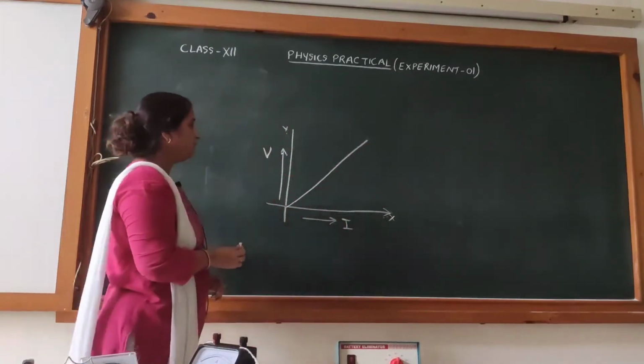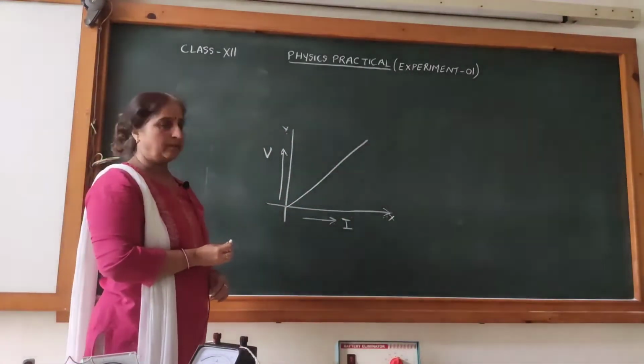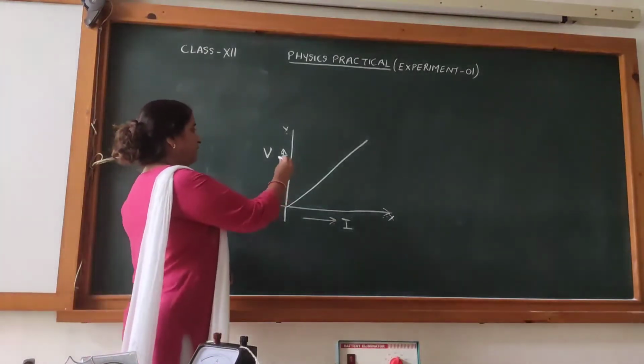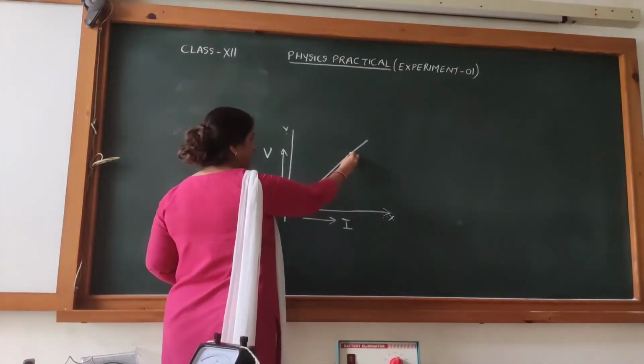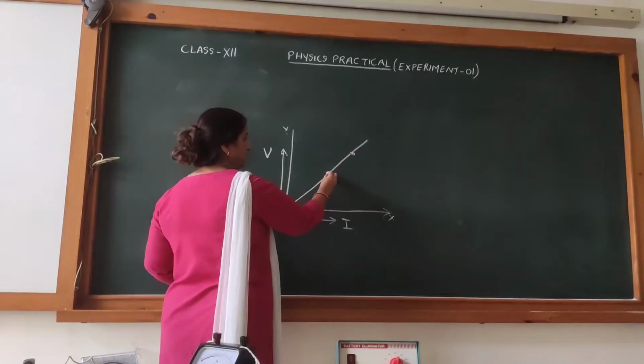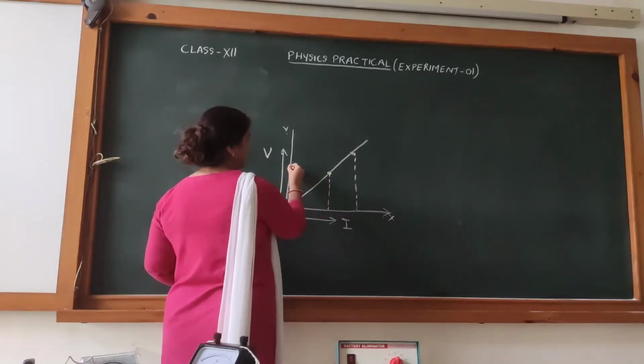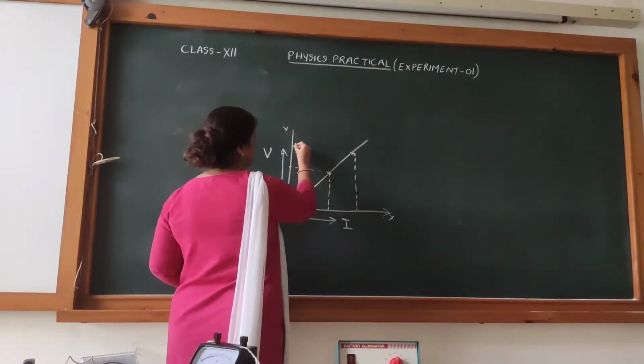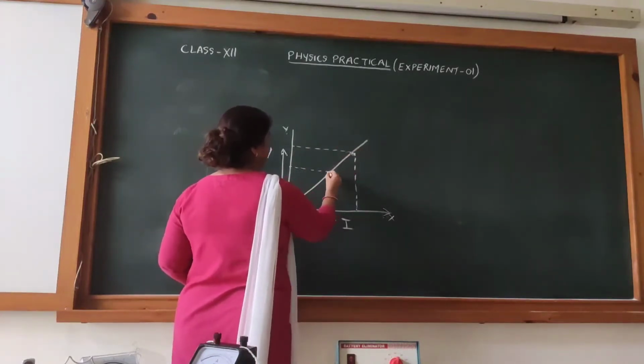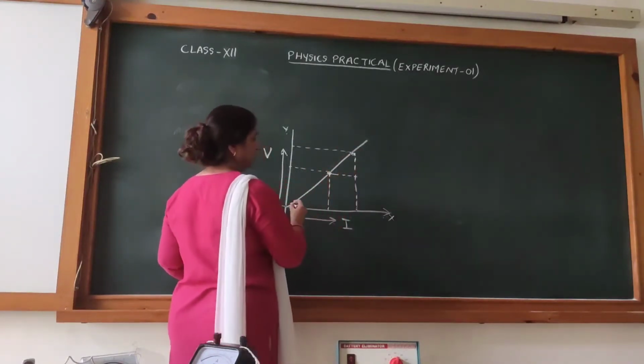So if you find out the slope of this straight line, then you can get resistance. See how we shall get it. Take any 2 points on this straight line, drop the perpendiculars on the x-axis as well as on the y-axis, and then make this right angle triangle.